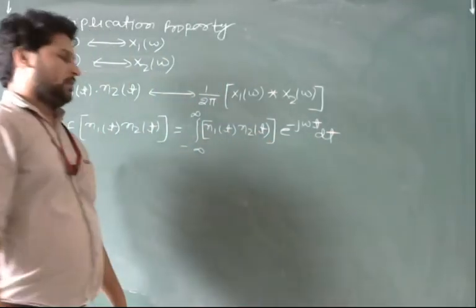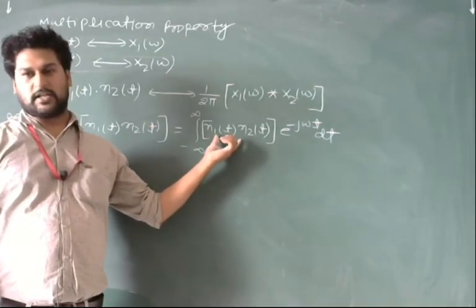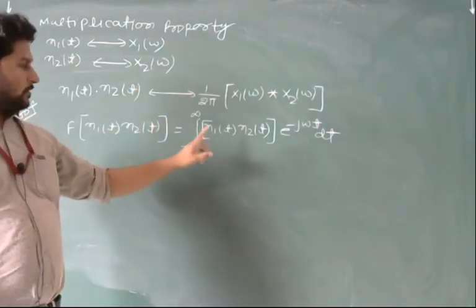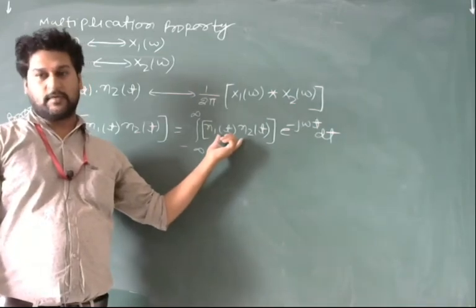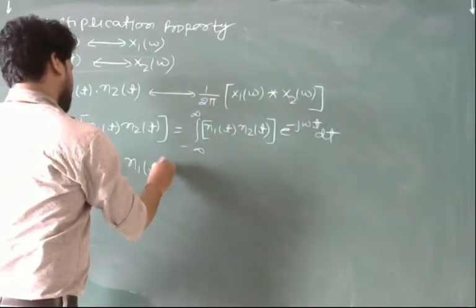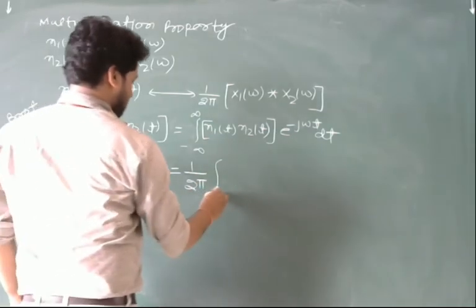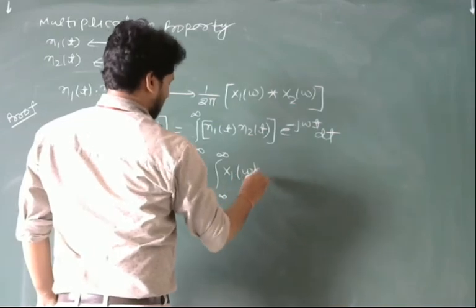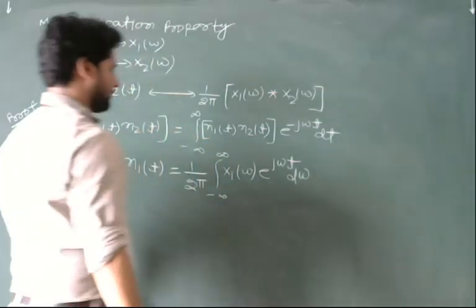We know that the signal x1t is the inverse Fourier transform of the signal x1 omega. So we can write this signal x1t in the form of x1 omega as 1 upon 2 pi, integration from minus infinite to plus infinite, x1 omega e power plus j omega t d omega.